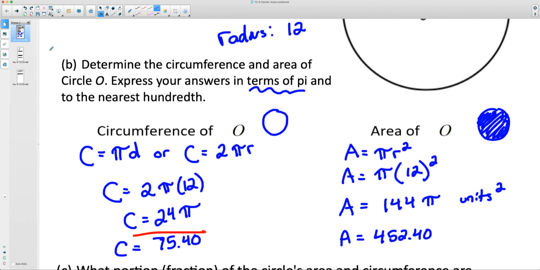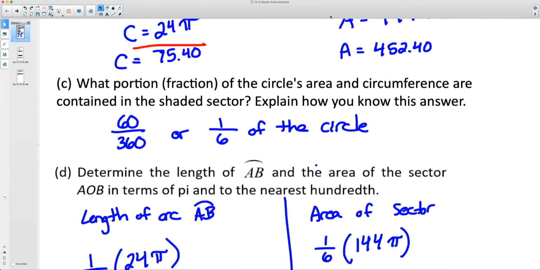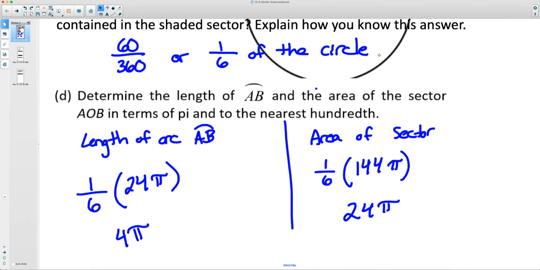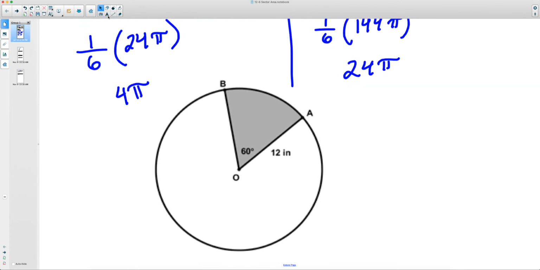I just want to bring this down so we can understand exactly what we found, and then we'll move on to some formulas. Okay. So the length from here to here is 4 pi.